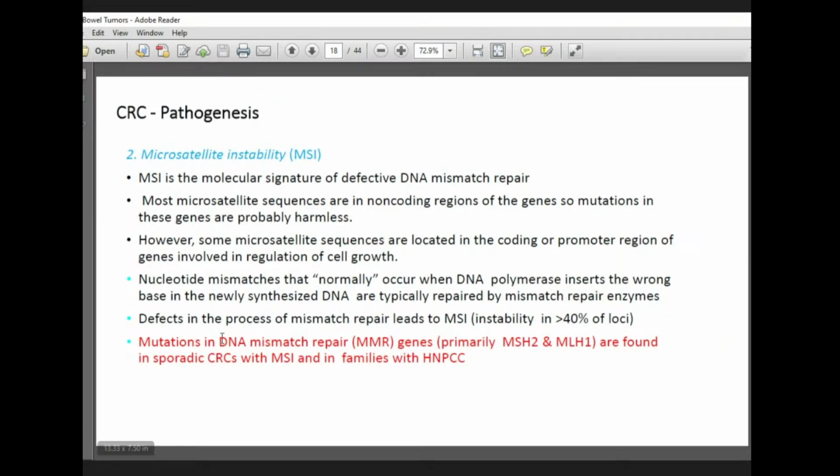The mutated genes in colorectal carcinoma are MSH2 and MLH1, found in sporadic carcinoma, and MSI in familial HNPCC. These are all DNA repair genes: MSH2 and MLH1 in the sporadic cancer, while microsatellite instability with MSH2 is seen in HNPCC.